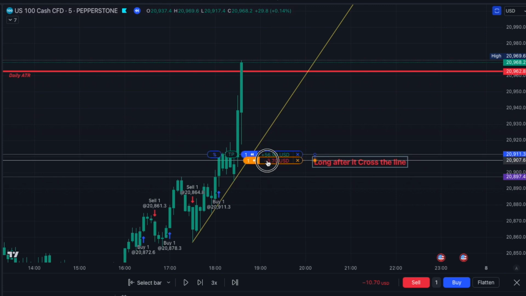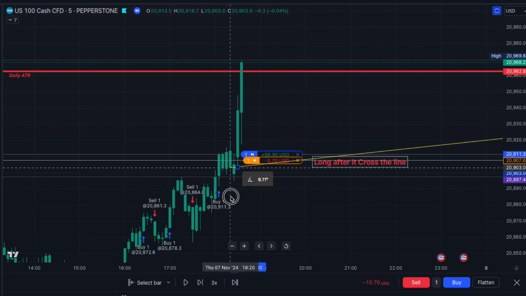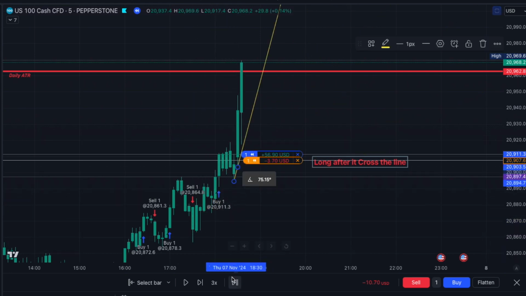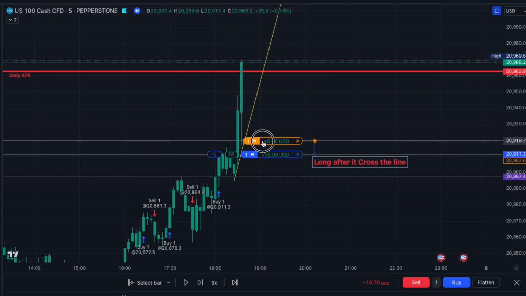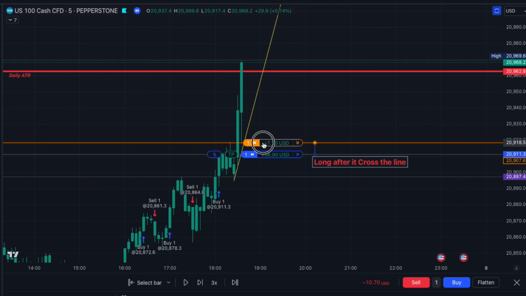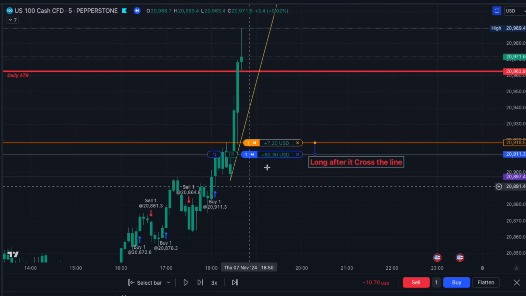That's crazy. Now I'll do one more thing. I'll bring my trend line closer, and just to be in profit somewhere here. Yeah, here. Go higher. It's gonna go higher.